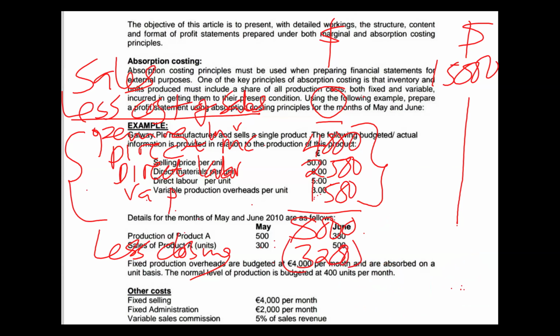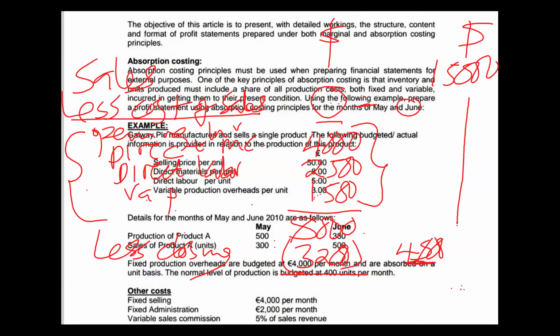So you can now deduct 8,000 minus this 3,200. What do you find? 4,800. Now it is this 4,800 that you usually add to the opening inventory, because the opening inventory is usually somewhere here.